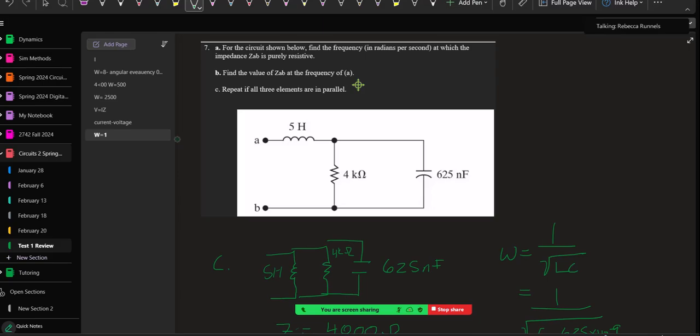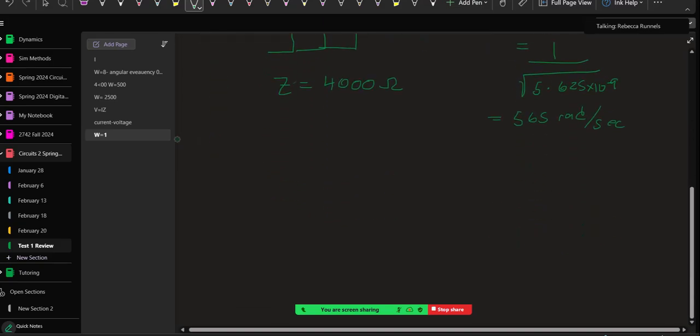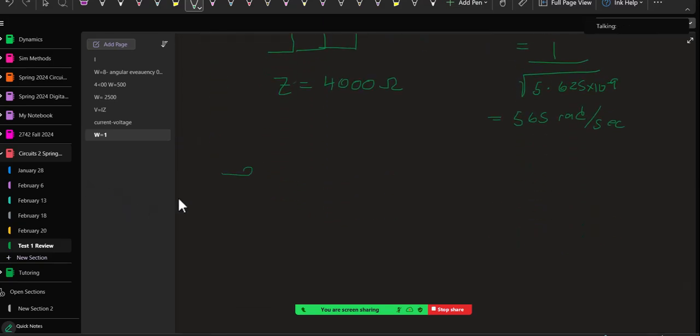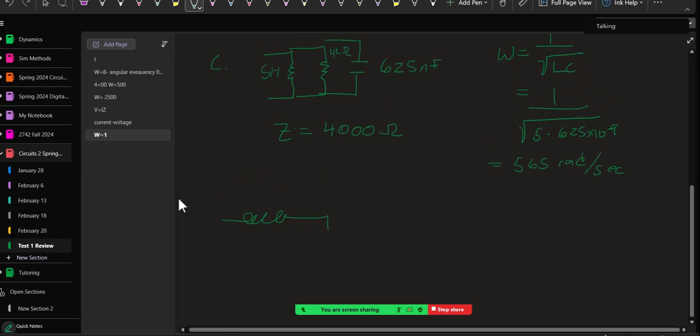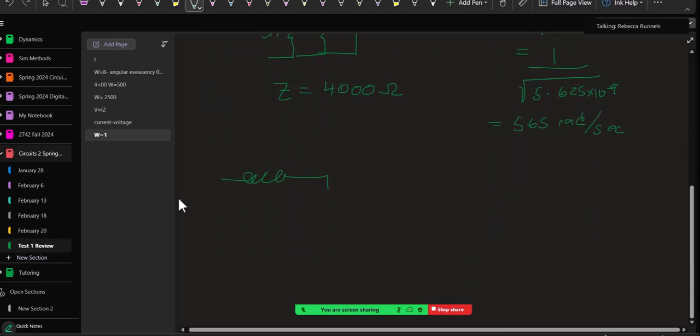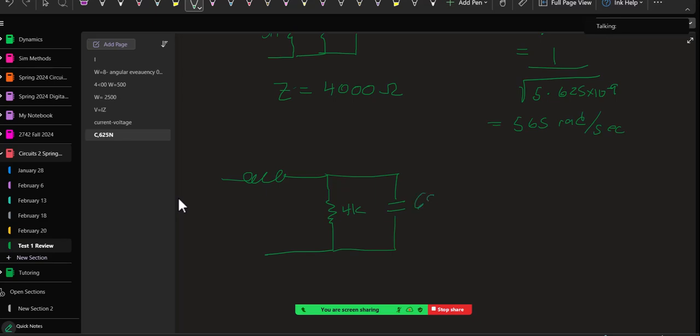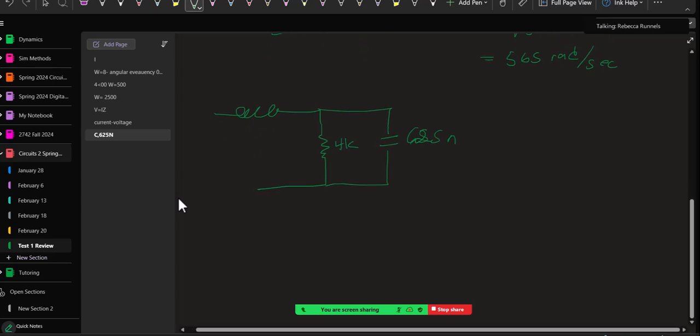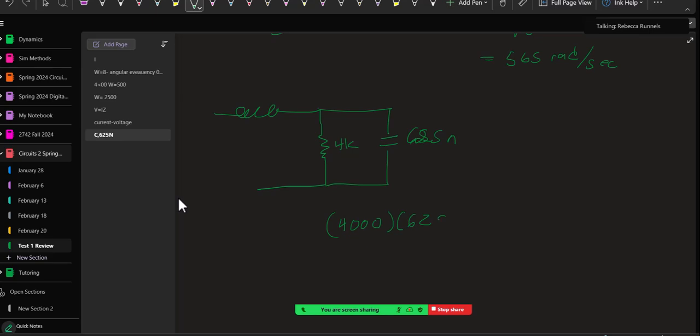So we've got 5, 4, 625. So my two that are in parallel, that will be 4,000 times 625 times 10 to the negative 9.